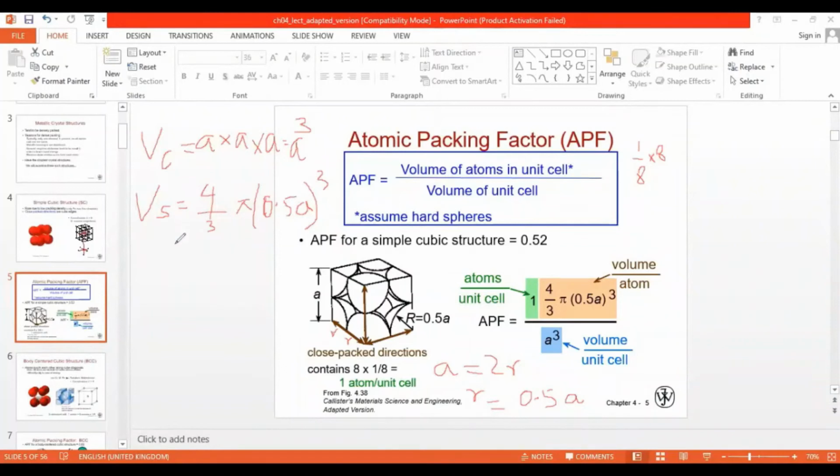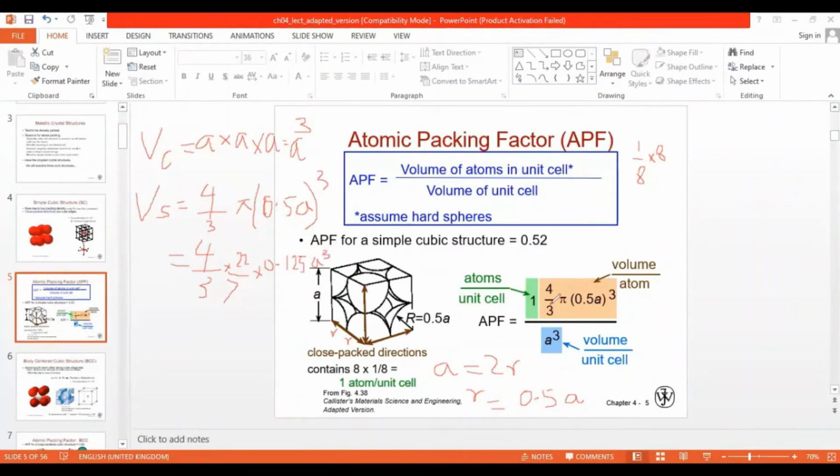That will give you 4/3 into pi, you know, 22/7, into A cube into 0.5. So 0.5 into 0.5 into 0.5, how much? 0.25, 0.125. 0.125 A cube.